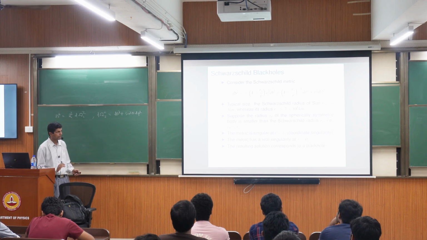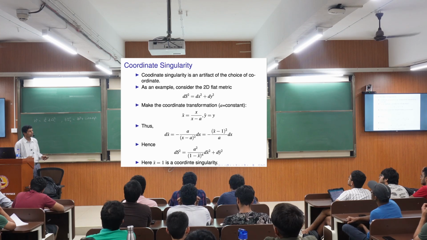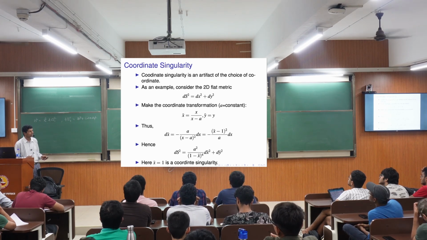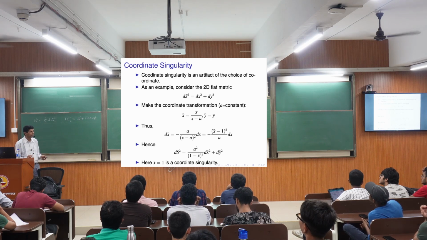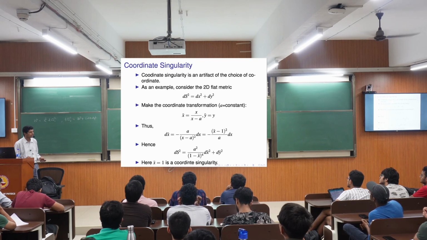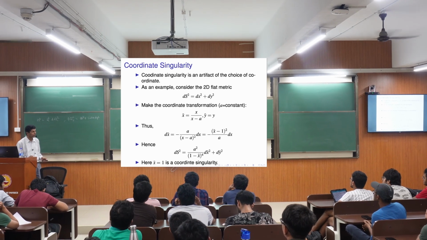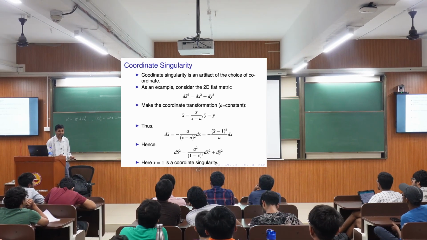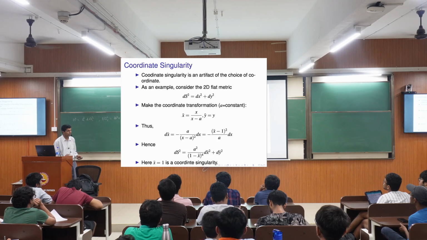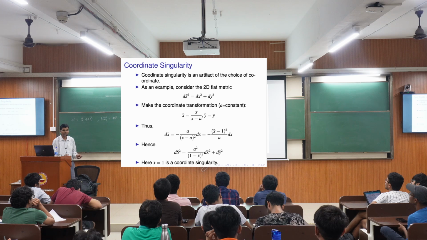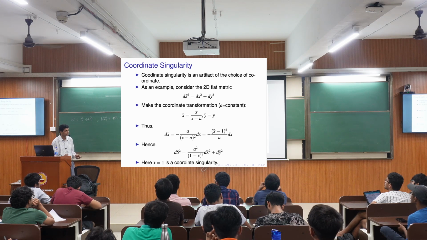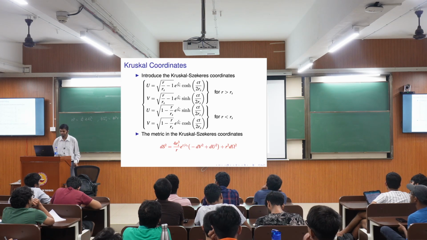I am not going to go through it in detail, but you can consider this metric in flat two-dimensional space, a metric on a plane, and then you can make this change of variables, and you can see that this indeed goes to infinity at x tilde equal to 1. But that's not actually a singularity, because it's a perfectly well behaved metric. It basically is a bad choice of coordinate.